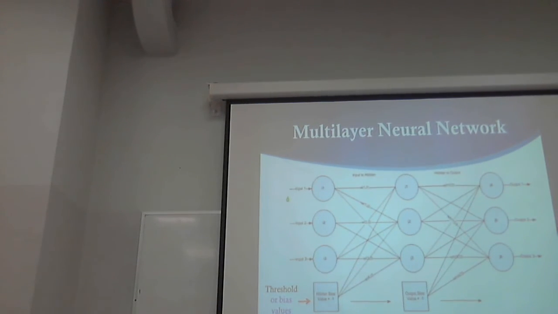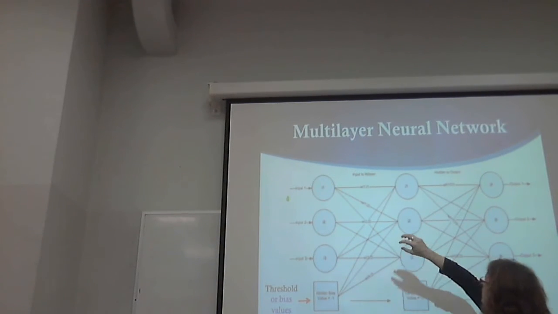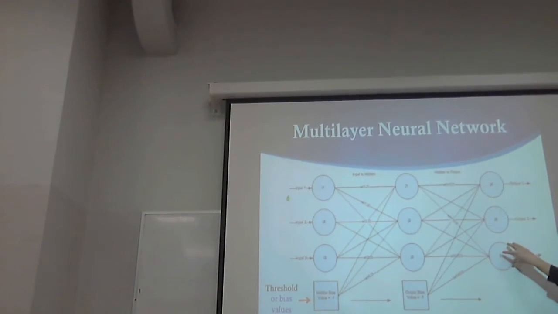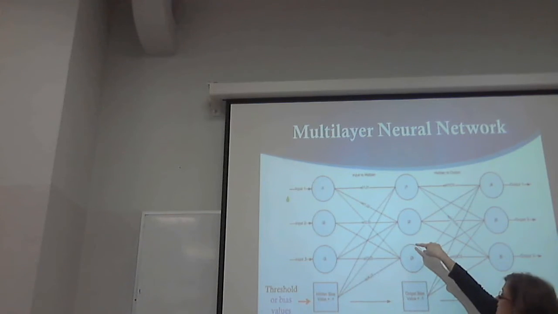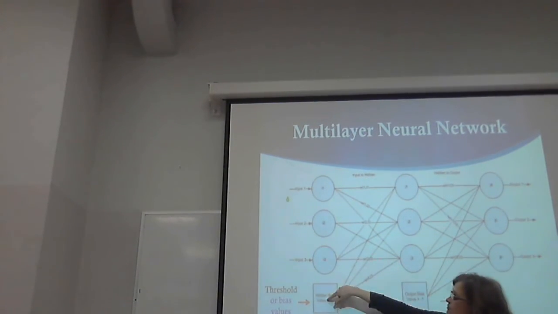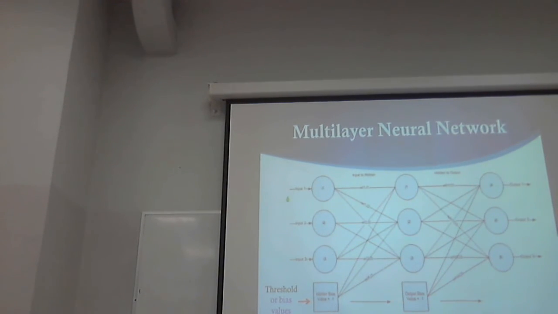There are input neurons, there is a layer in between, and there are output neurons. And as you can see by these lines, the numbers in this neuron come from all neurons of the previous layer.